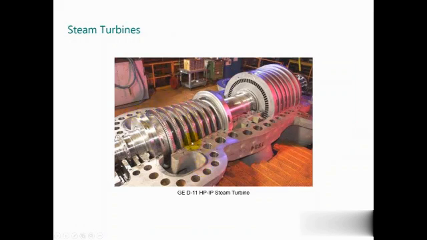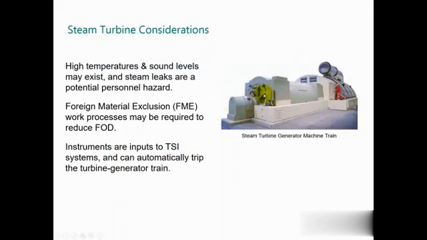Steam turbines. The steam turbines are designed to expand the steam, passing through the rotor. The steam enters at high pressure and high temperature and expands through the rotor, converting this pressure, temperature and energy into torque. Similar to the gas turbine, you have high temperature and very high sound levels.